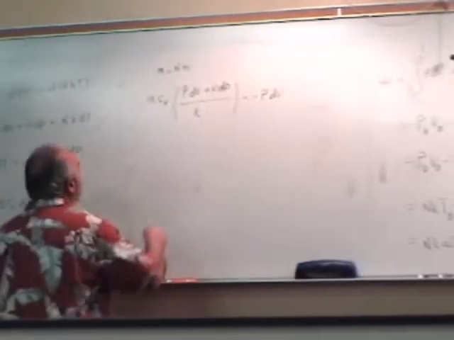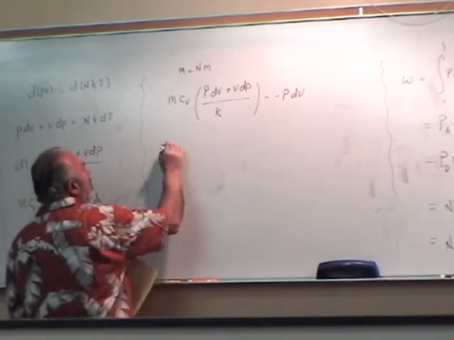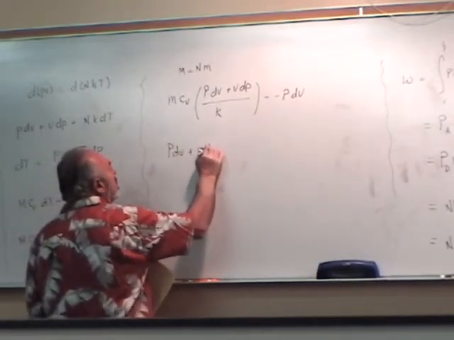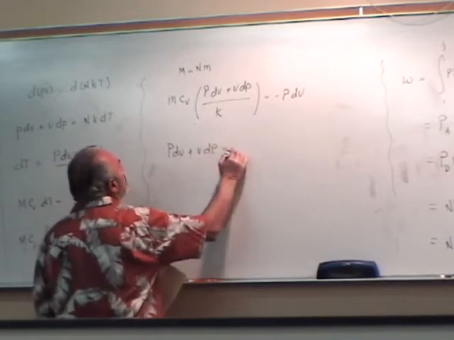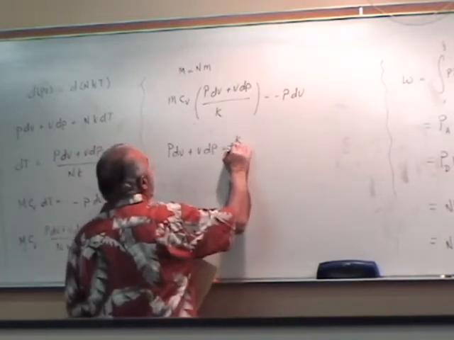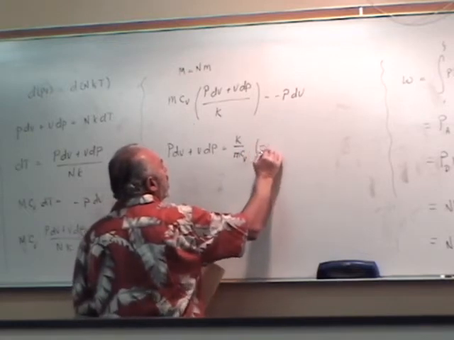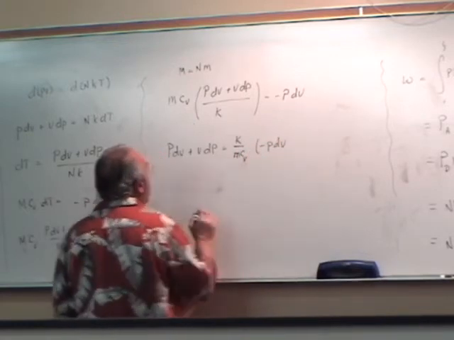So before we move terms around, let's just think of it as p dV plus V dp equals k over m c sub v times minus p dV.